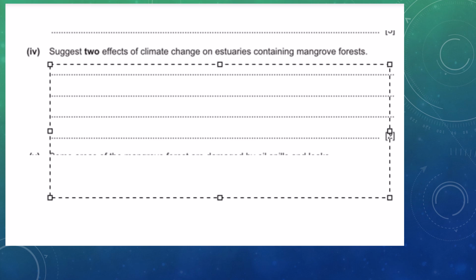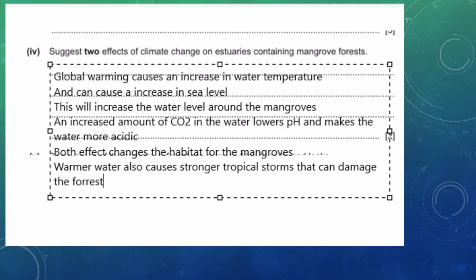So now they ask us to suggest 2 effects of climate change on areas containing mangrove forest. This is again 6.8, but also leads back to the mangrove forest chapter. This year there are many good possible answers. I have chosen a few that I think will fit, but there are many good answers you can come up with here. My answer would be that global warming causes an increase in water temperature and can cause an increase in sea level.